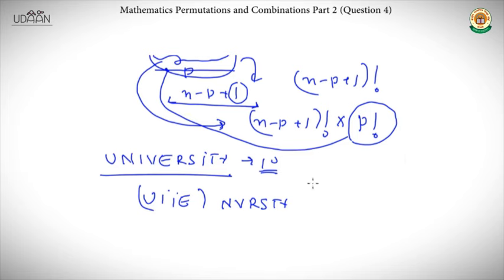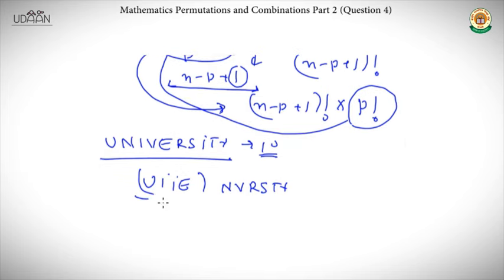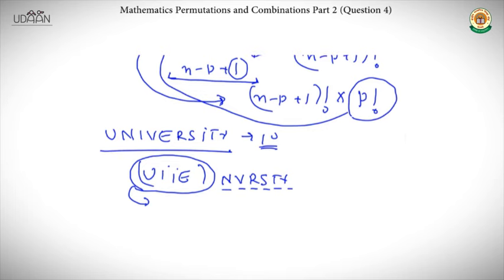So now as the vowels have to be kept together, we consider all the vowels as a group, and the rest 6 as different objects. So now we have total 7 objects, 6 consonants plus 1 group to arrange. So there are 7 factorial ways to arrange them.